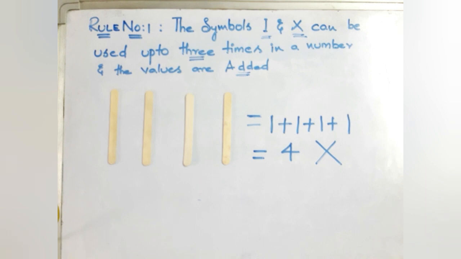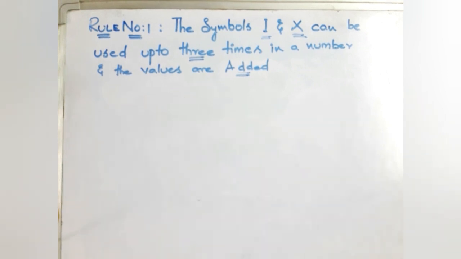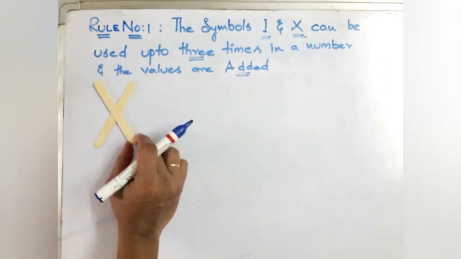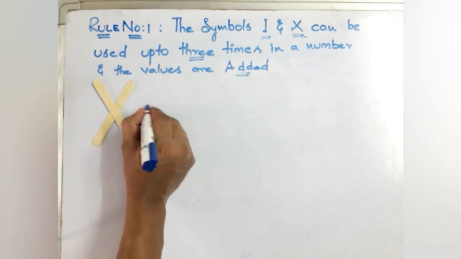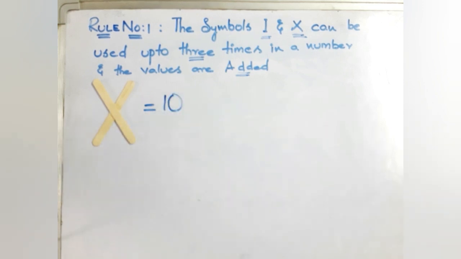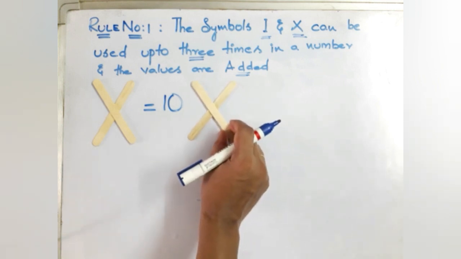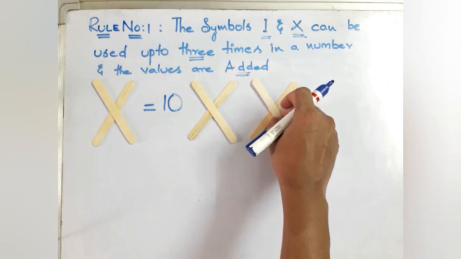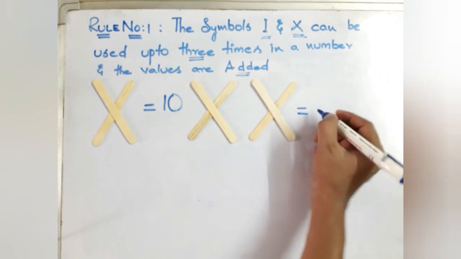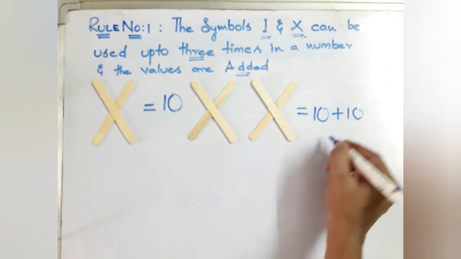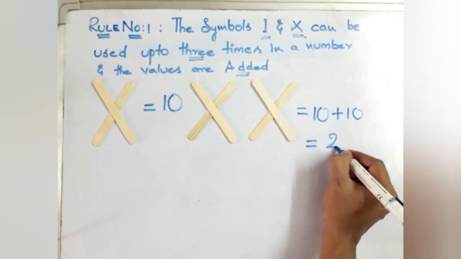Now let us check with X also. See, what is the value of X? You know it is 10. If I put 2 X's like this, what will be the answer? You will say 10 plus 10, that is equal to 20.